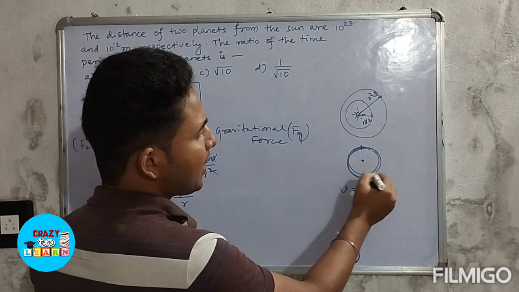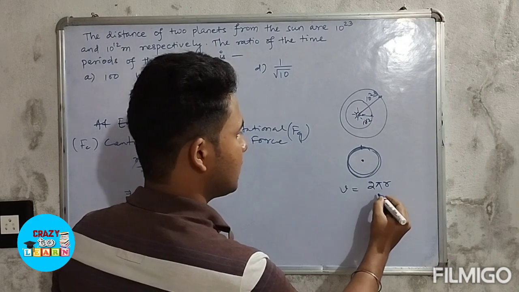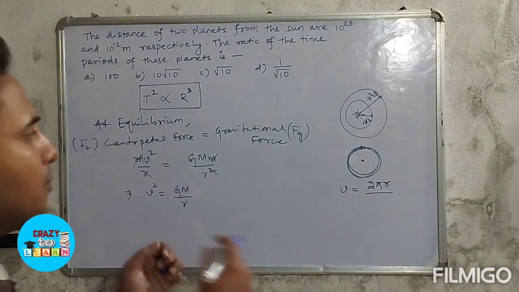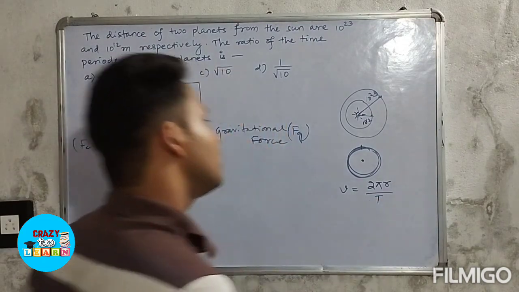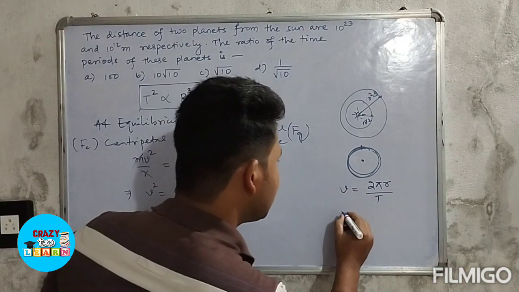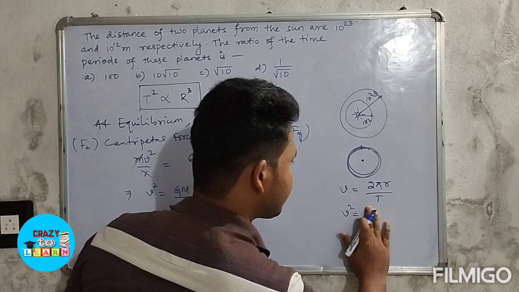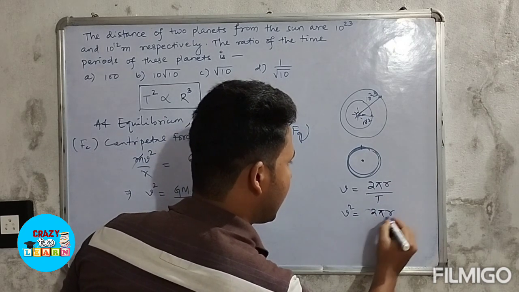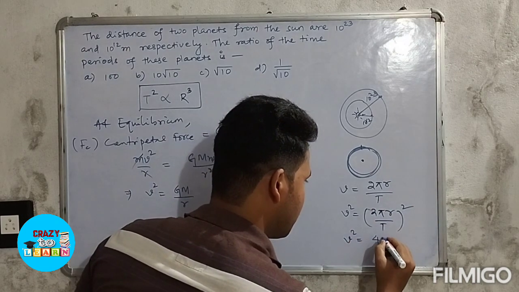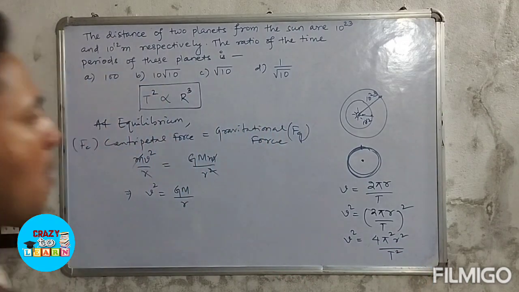For one revolution of the planet around the sun, the total distance covered is 2 pi r, and the time taken for one revolution is called the time period T. So the square of the velocity is 2 pi r divided by T whole square, so v square is equal to 4 pi square r square divided by T square.